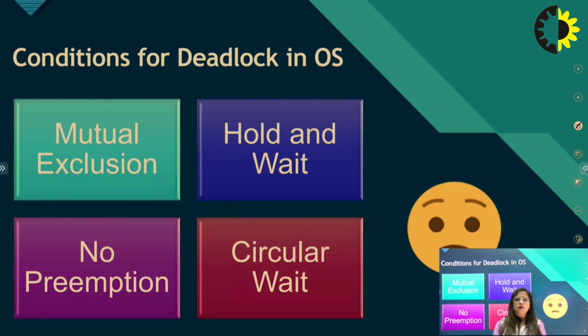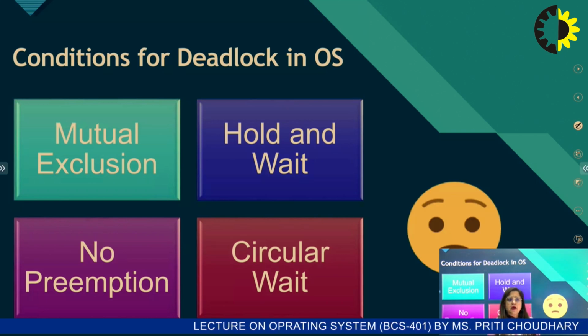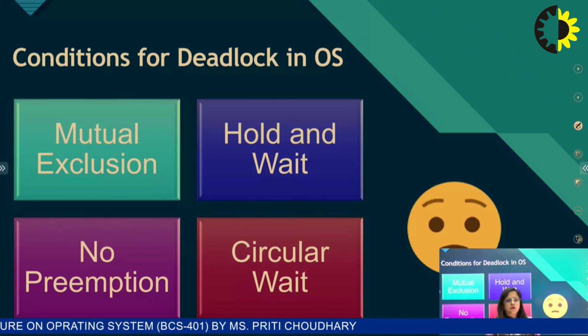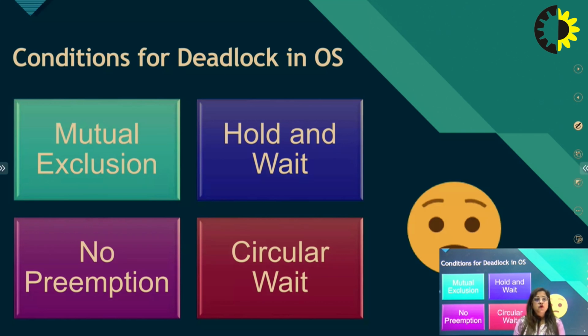The third one is non-preemption, which means no priority is required for any process, so all processes want to execute first and acquire all resources. The fourth one is circular wait. It means the last process waits for the first resource, which is already acquired by P1 or another process. That condition is called circular wait.